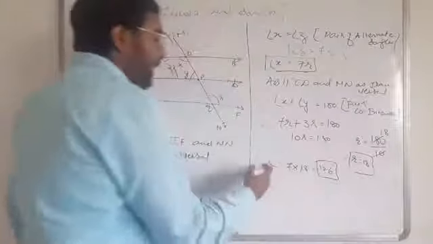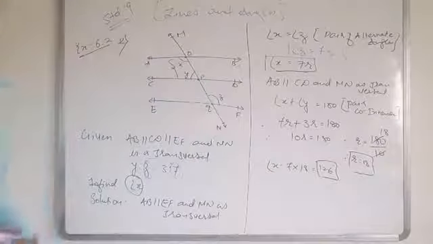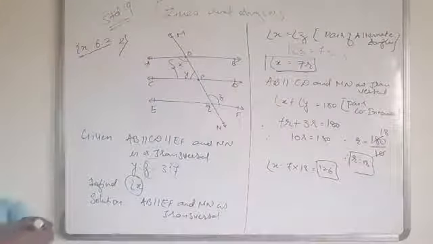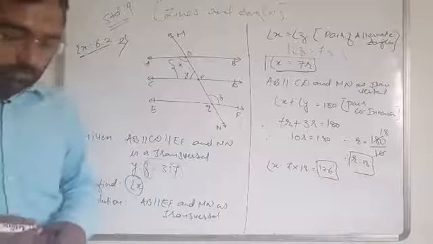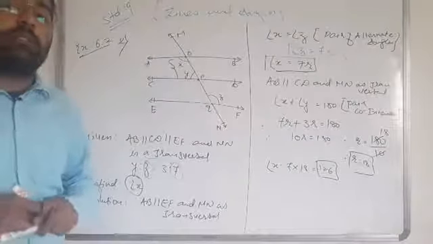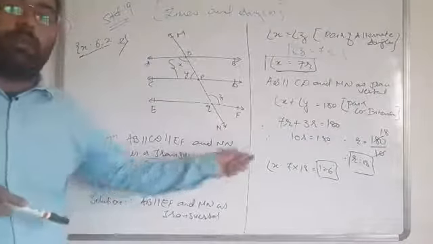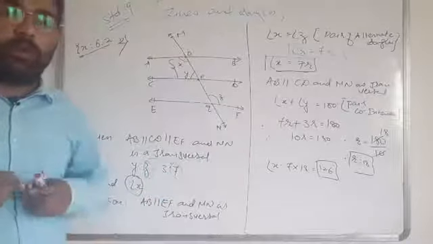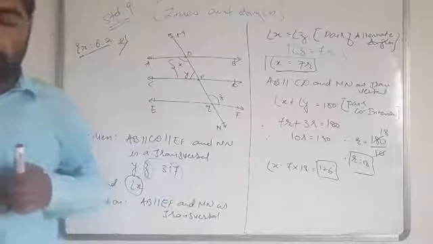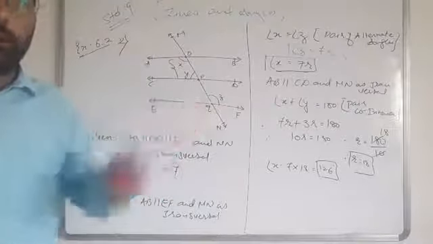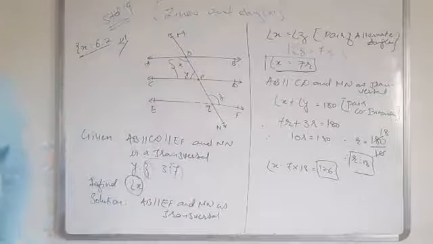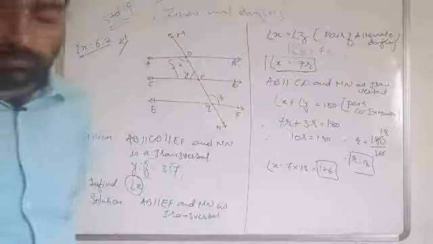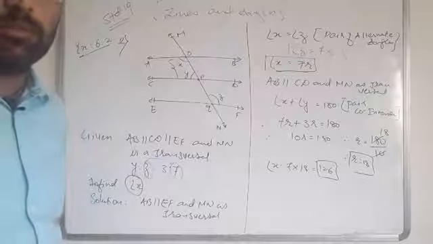So my angle X is equal to 7 into 18, that is 126 degrees. Clear? Now you have to note down this question.